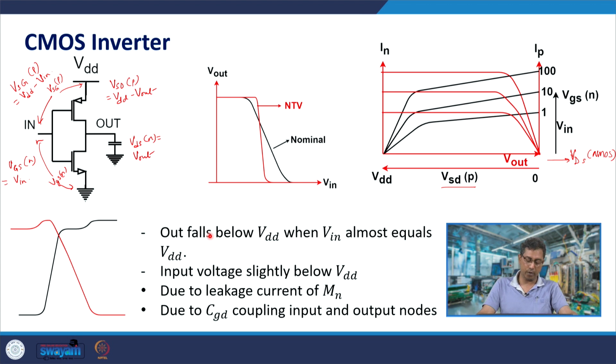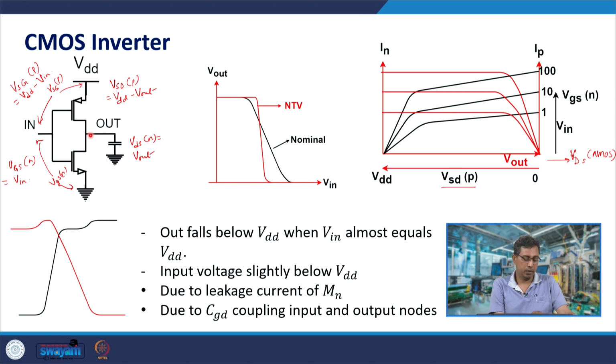Since the Ion by Ioff ratio is not that large, for example, if the input is VDD, the P MOSFET is off, but its Ioff is not very small. Suppose in the super threshold regime the Ion by Ioff ratio is say 10 to the power 5, here it would be somewhere around 10 to the power 3 or so.